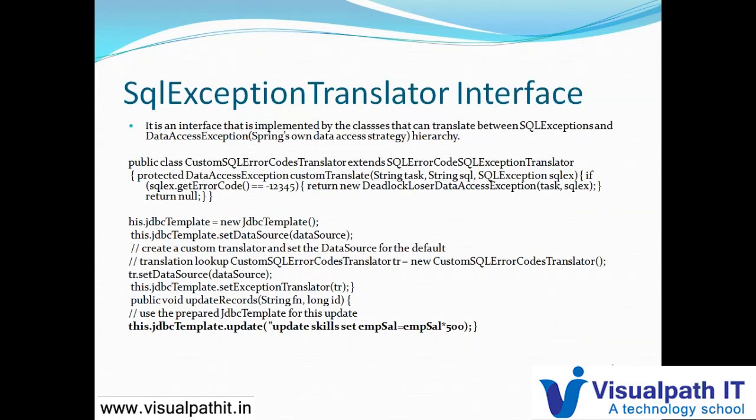Whatever content is present in the SQL error code XML configuration file, this SQLErrorCodesFactory will have all those details. We can see how we implement this with the code snippet below. This is the main class, SQLErrorCodeSQLExceptionTranslator, where CustomSQLErrorCodesTranslator is the custom part which extends from the main class.